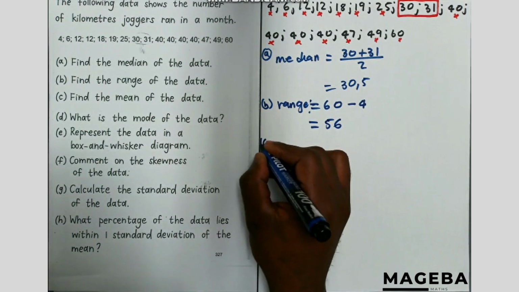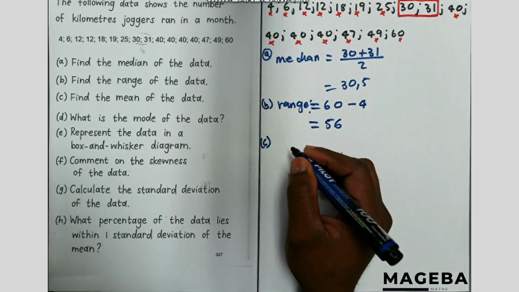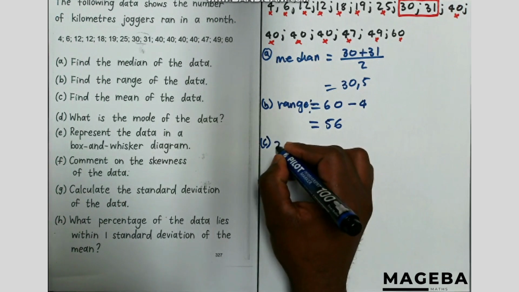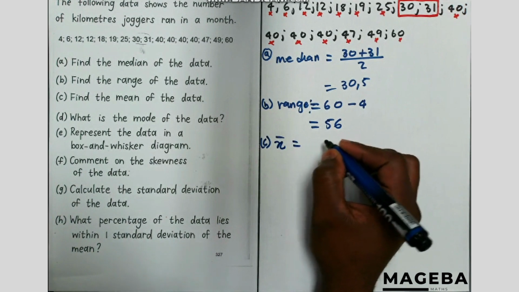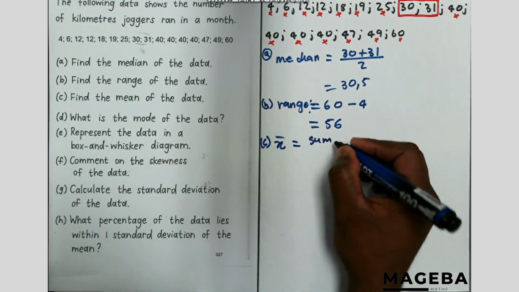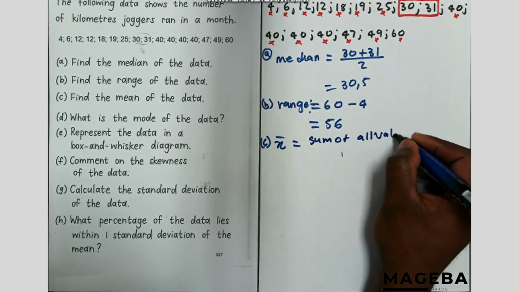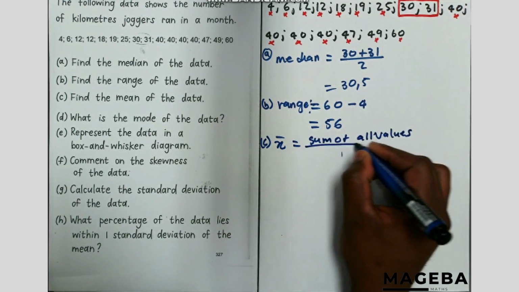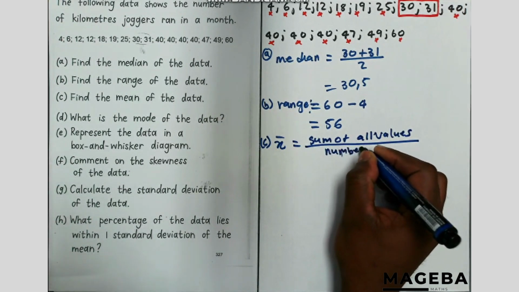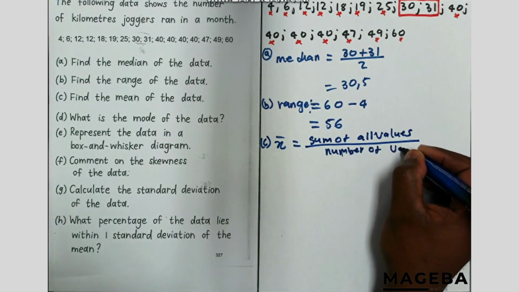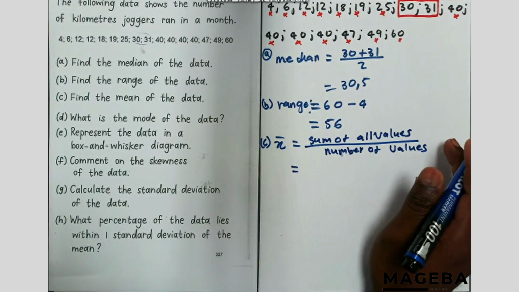And now C, they are telling us to find the mean of this data. So how do you find the mean? Remember, the formula for finding the mean of data is the sum of all values over the number of values.